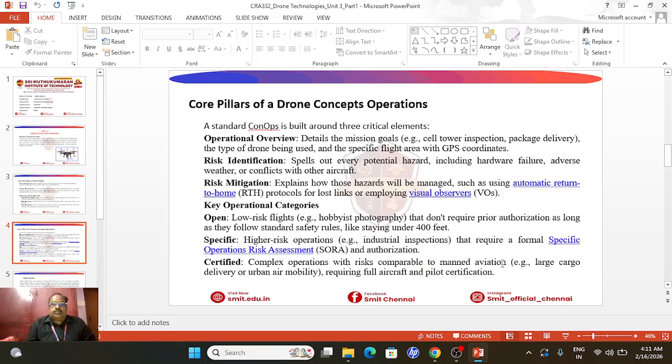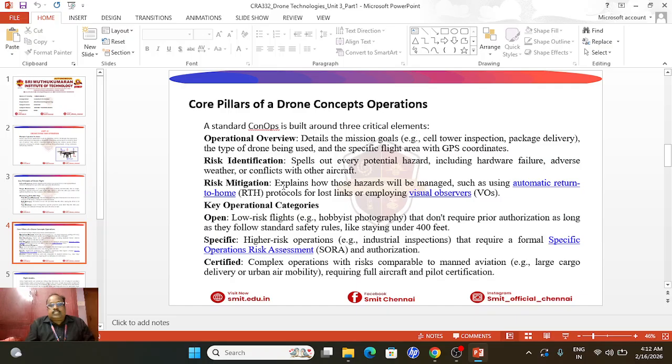The core pillars of the drone concept of operation are built around three critical elements: operational overview, risk identification, and risk mitigation. The operational overview details the mission goals, such as cell tower inspection or packaging and delivery, the types of drones being used, and specific flight areas with GPS coordinates.